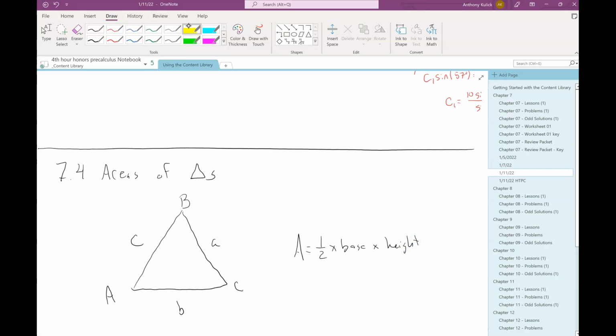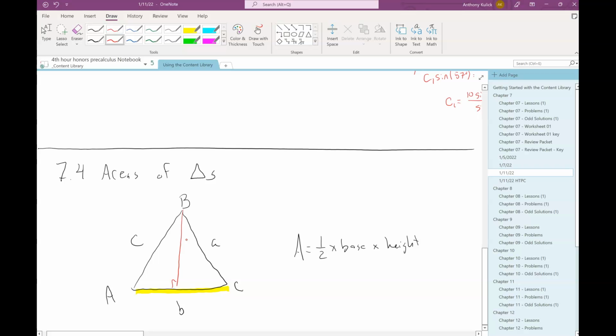Okay, so let's say I've drawn some arbitrary triangle like this, ABC. Where is the base and the height? So the base would be lowercase b, and then the height is a straight line down from big B. Again, the base doesn't really matter.